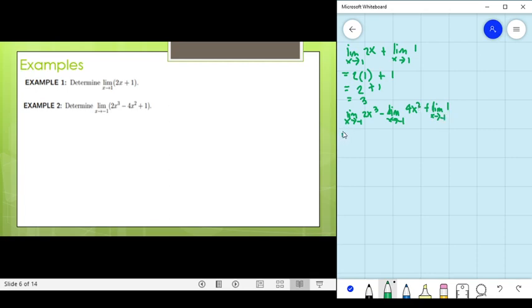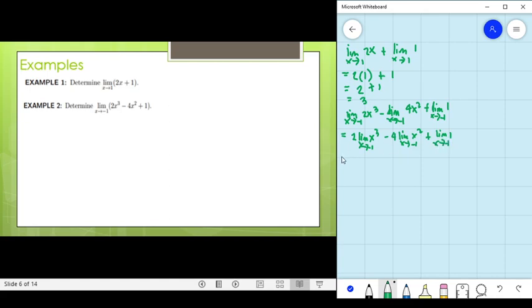So this one is similar to the limit of x cubed as x approaches negative 1 minus 4 times the limit of x squared as x approaches negative 1 plus the limit of 1 as x approaches negative 1.